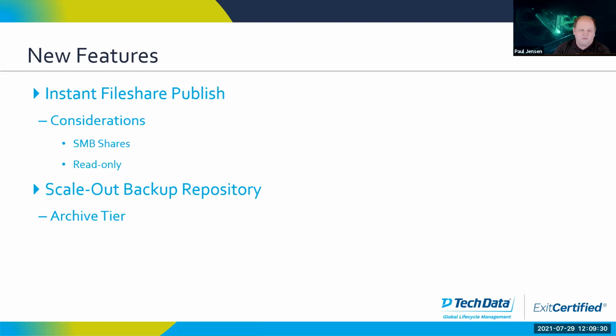It's a very cool thing to be able to get your file share back up and available to your group, your end users, so they can at least access those files, maybe save them locally to put back out onto the file share when it is then truly up and running and available.